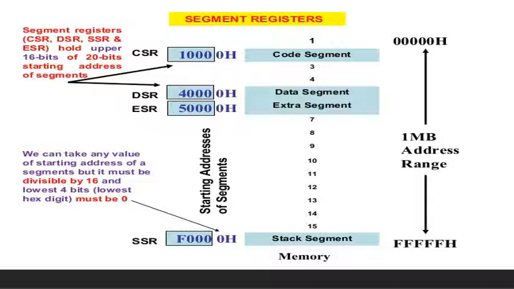In assembly language programming, more than one data, code or stack segment can be defined, but only one segment of each type can be accessed at any time.